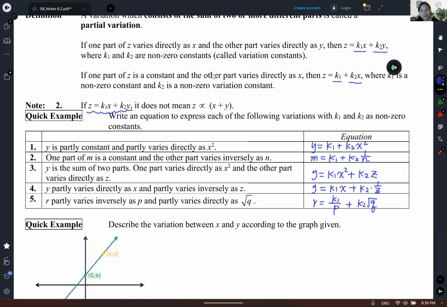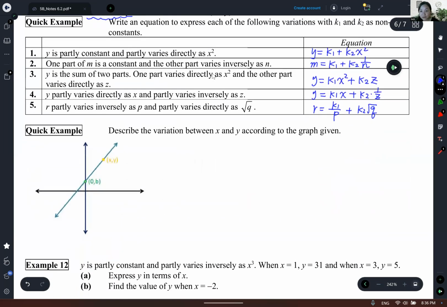If you follow the language, I think it's very easy to write the equation now, as long as you don't think there is a multiplication involved. When I say partly P and partly Q, I don't mean P times Q. I mean one part is P, one part is Q. They're separate. Is it fine?